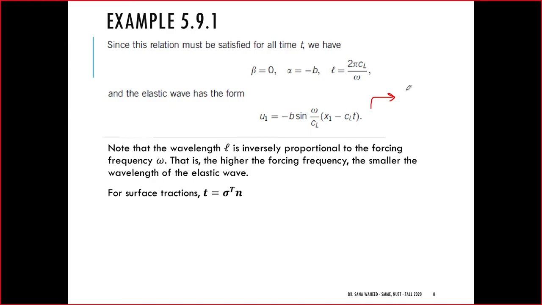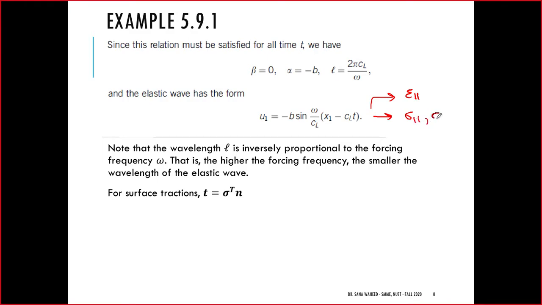Anyone? Which strain component would exist? E11. Only epsilon 1, exactly right. Only the normal strain in the one direction, that's it. And if only this strain exists, then which stresses exist?